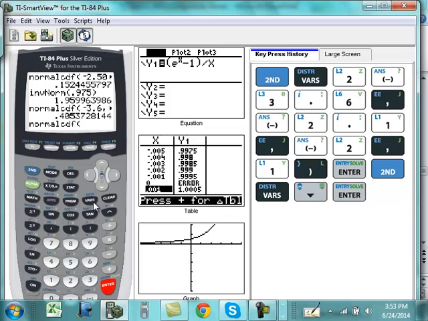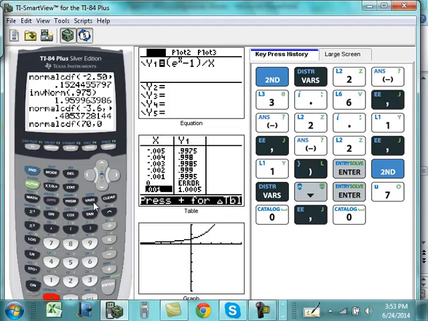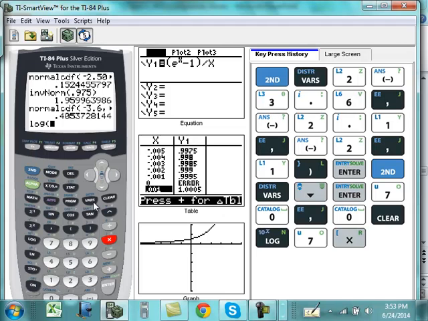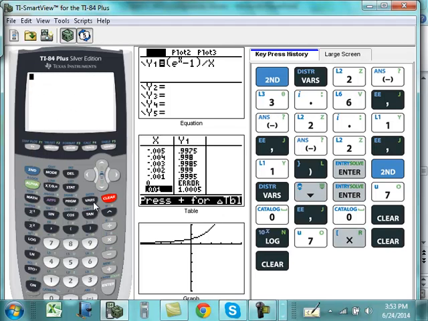Now, you're going to put in 4 numbers here when dealing with non-standard normal distributions. The first number will be the left endpoint. Now, we want to go from 70 inches to positive infinity. Let's go back into our distribution menu.